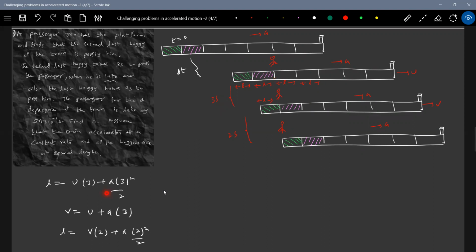Now for the last bogie to pass through the passenger, v will become the initial velocity. What is u? u is the velocity of the train when the second bogie is just crossing the passenger. What is v? The velocity of the train when the second bogie has crossed the passenger. Now for this interval of 2 seconds, v will become the initial velocity. That's what we wrote here.